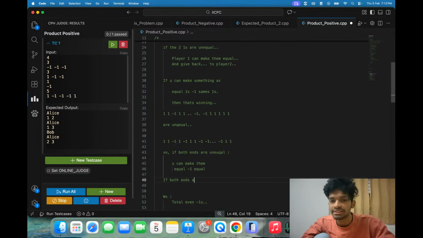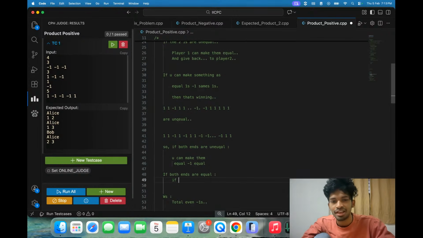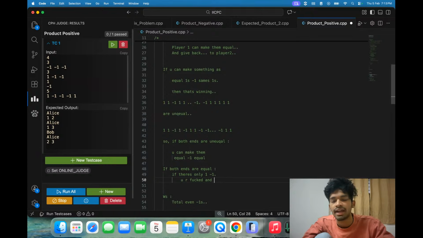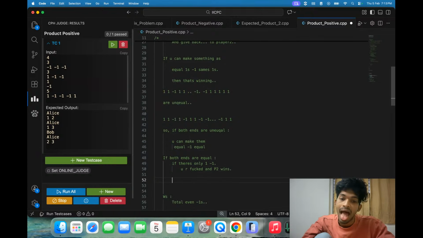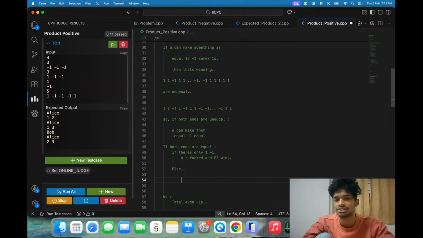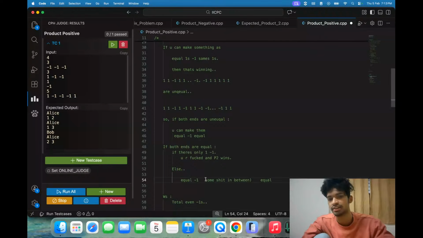If both ends are equal, if there's only one minus 1, you are done and P2 wins. Else you can remove the remaining things. You have equal, minus 1, equal, some stuff in between. You remove the stuff in between. And then the other guy loses. That's it. The problem is done.